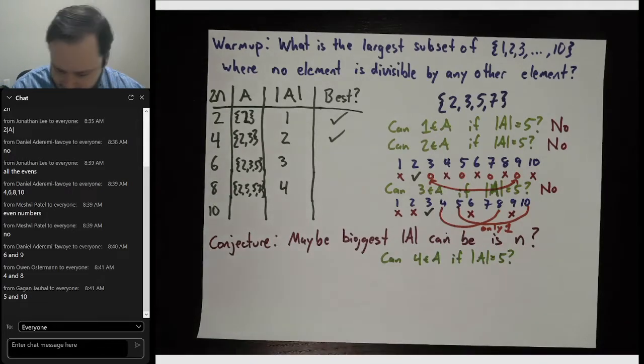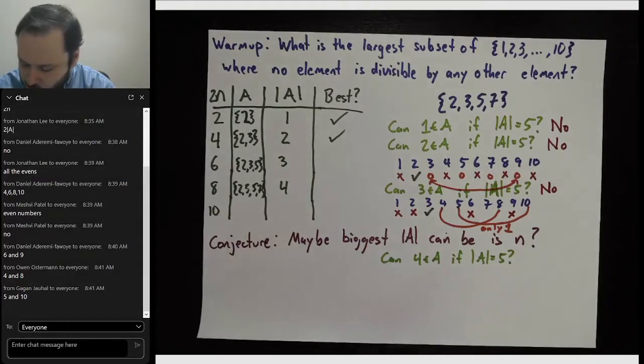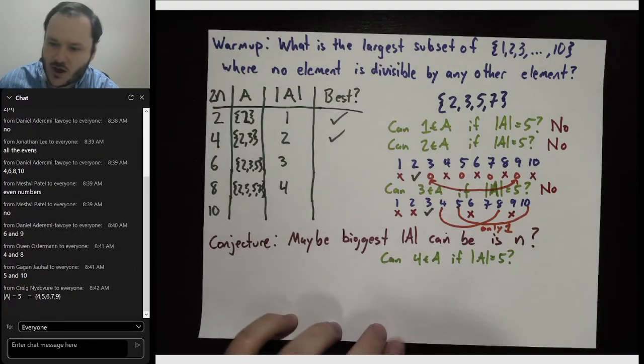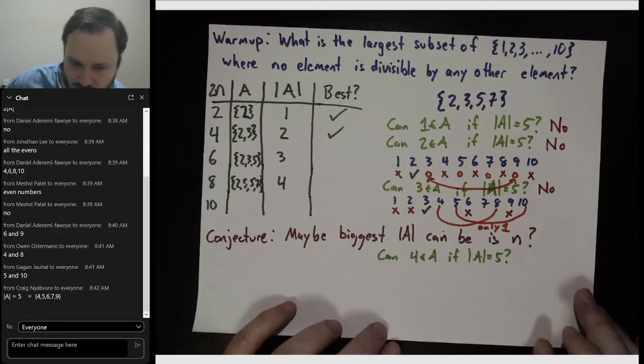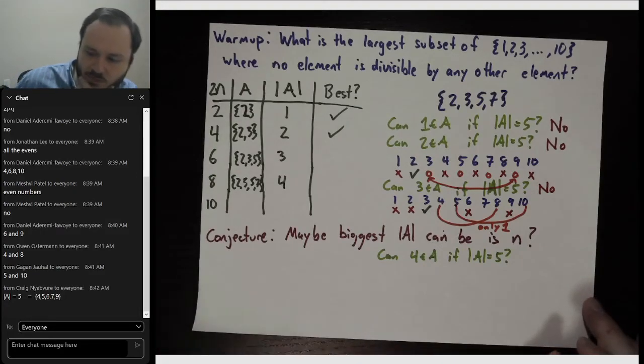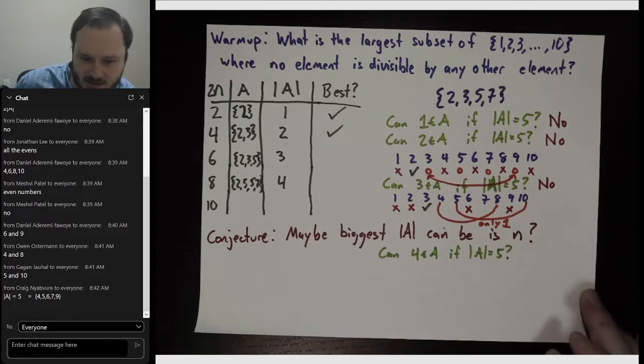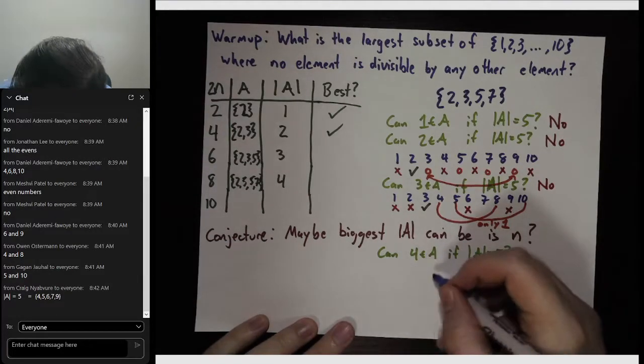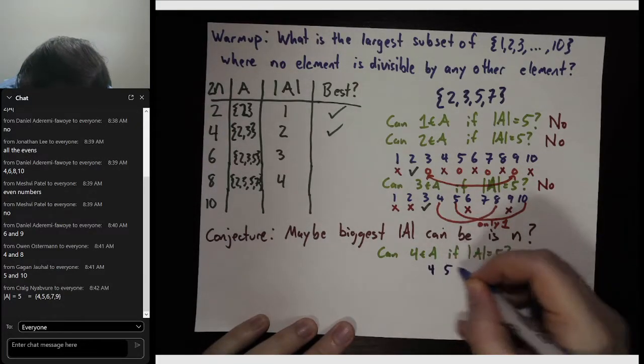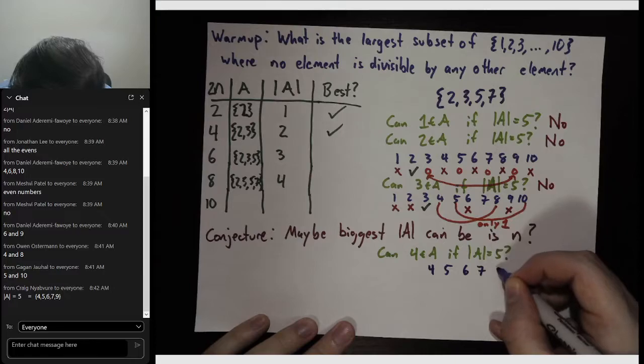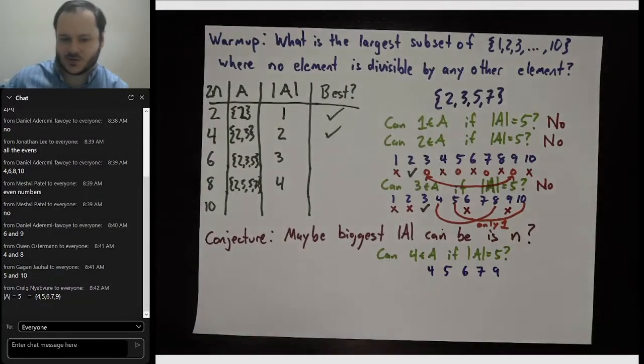I'm going to stop writing 1, 2, 3 because I already know I can't have 1, 2, 3. 4, 5, 6, 7, 9. There we go. 4, 5, 6, 7, and 9. And this works.